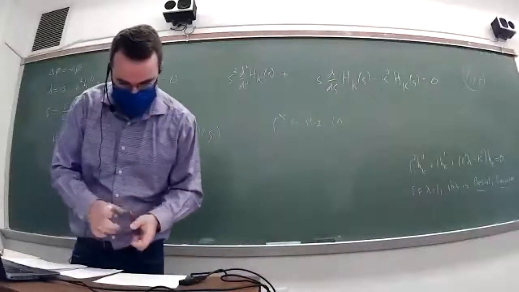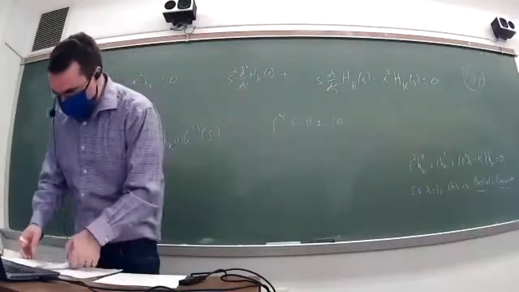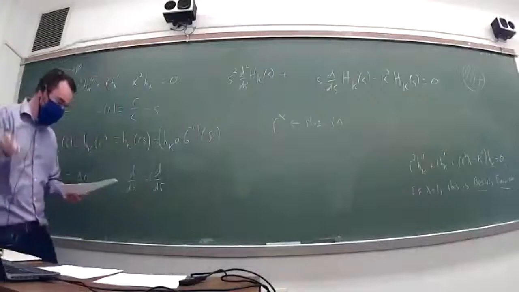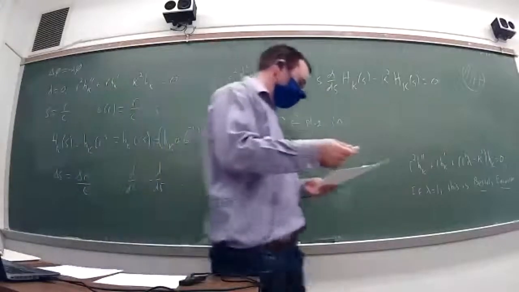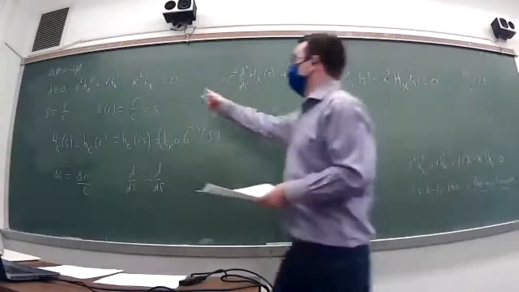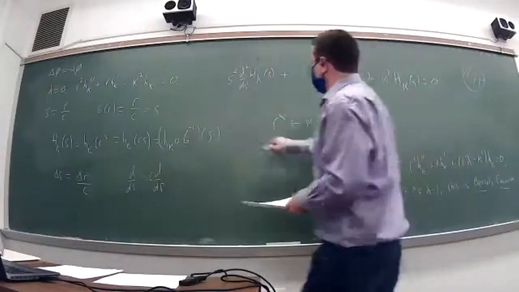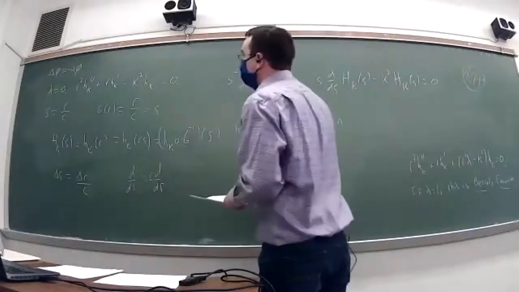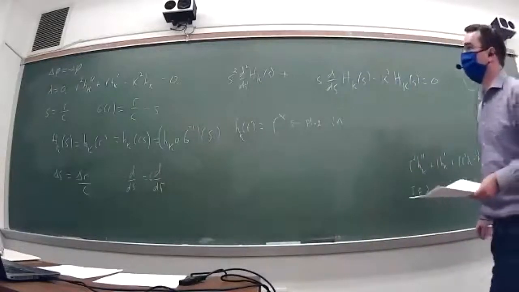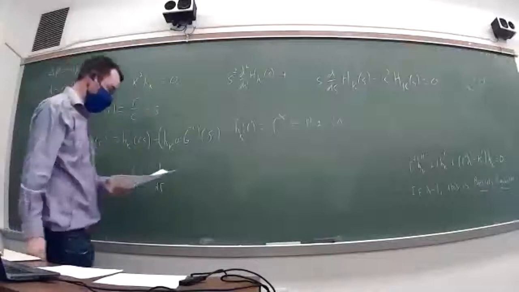Since we are short on time, I'll just tell you the answer for what you get when you plug that in. So you seek an alpha that solves this equation, simply plugging in r to the alpha for Hk of r and seeing what you get. Alpha is going to have to depend on k.